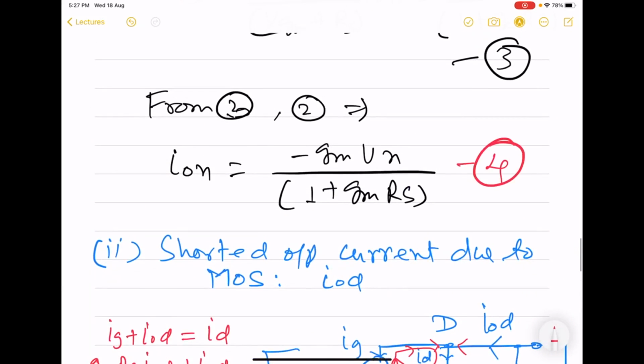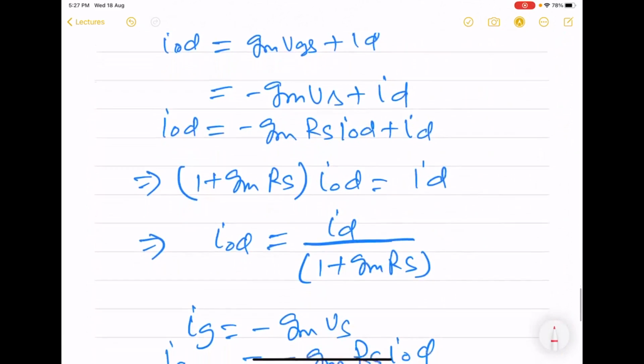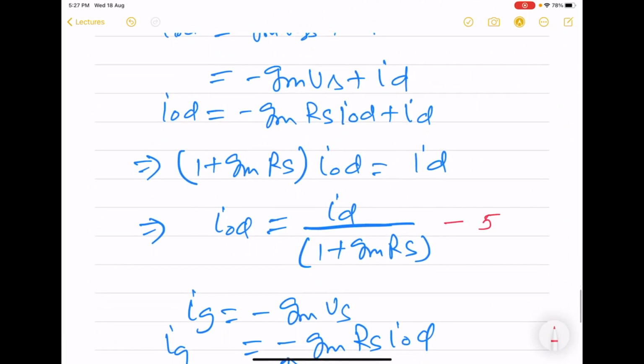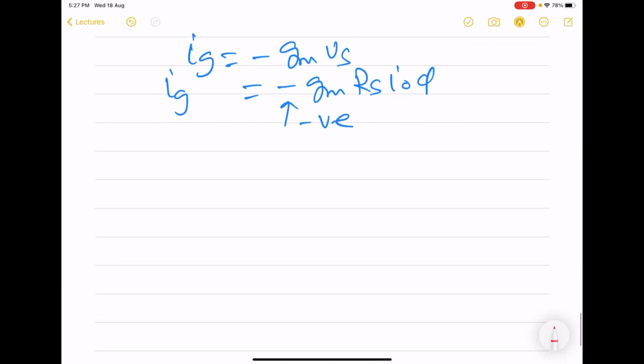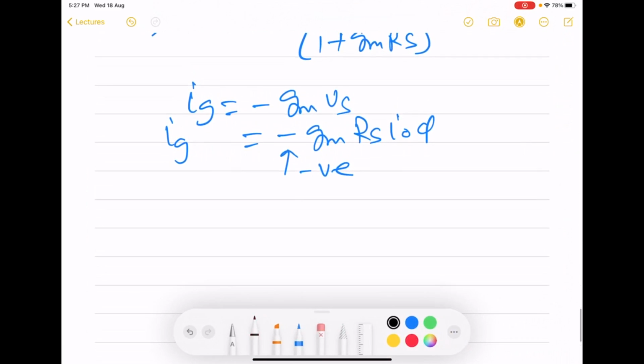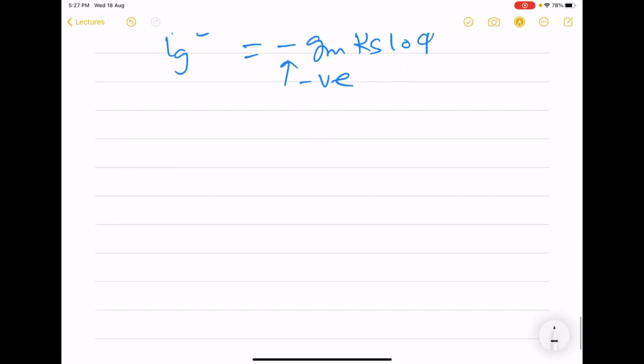Here we have equation 4 for ION. Here we have 5 for IOD. Now we need to find out what is the current due to the R1 resistor.